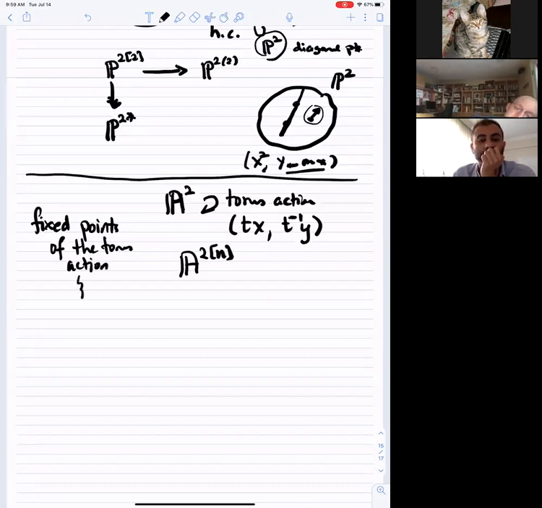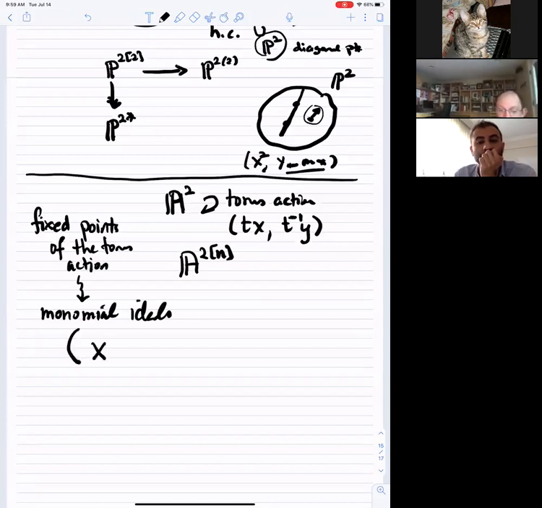You can describe these as the monomial ideals. These are things given by something like x^n1, x^n2, y^n2, ..., y^nj.